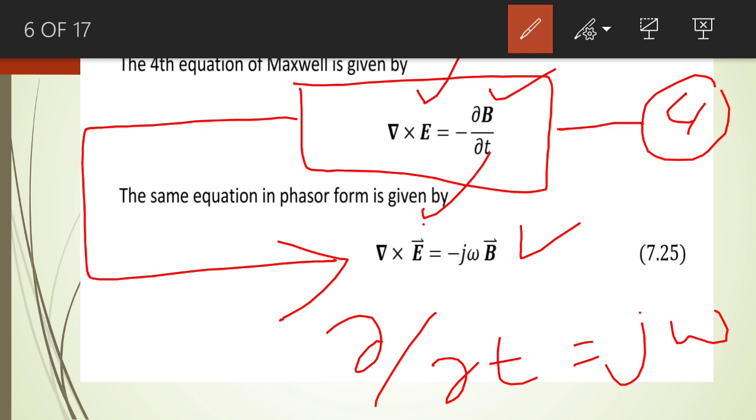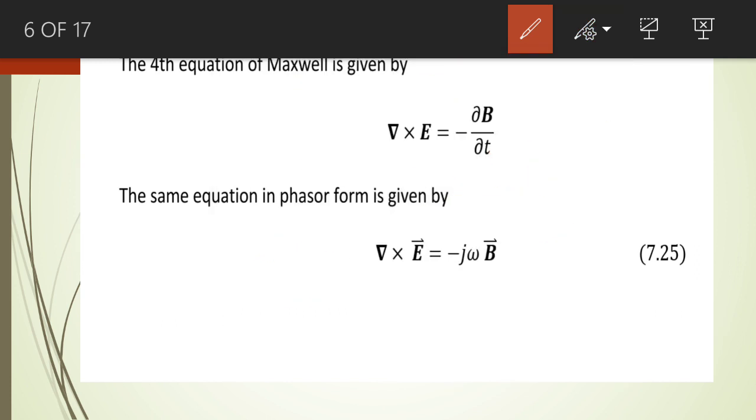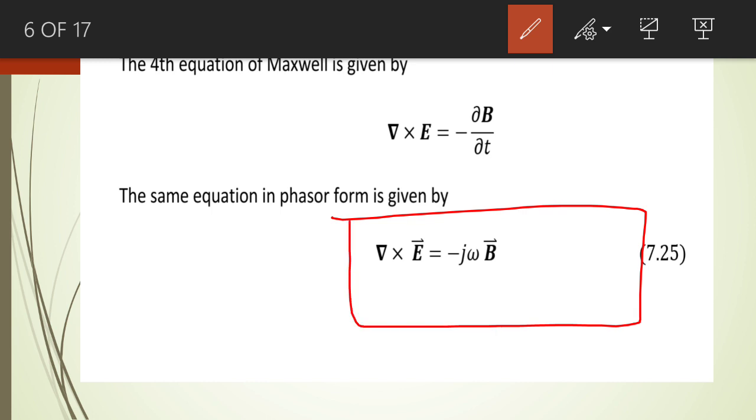Right? So we consider the last equation of Maxwell in phasor form. So this is how we represent the fourth equation in phasor form of representation. The curl of the electric field intensity will be equal to minus jωB.